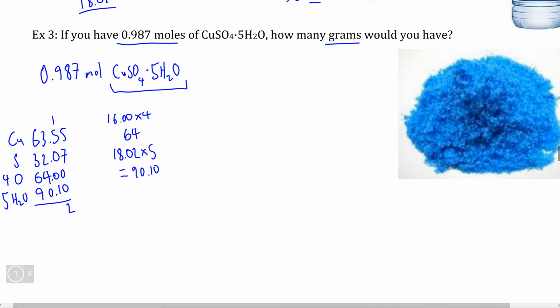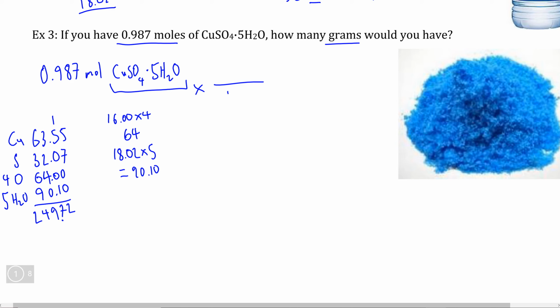You don't need a calculator to do this as long as you are careful with the arithmetic. If you did the arithmetic correctly, this should come out to 249.72 grams per mole.